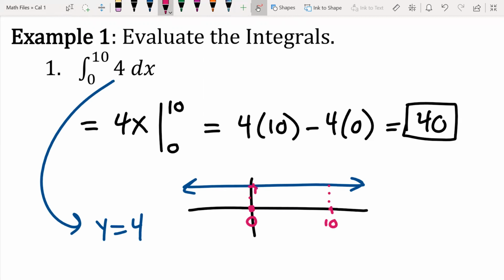So what we're doing is finding all this area underneath the function on that given interval. Well, it just so happens that this makes a rectangle. Not all of them will make rectangles. Well, we can get deeper into that, but here we see that the length is 10 and the width is 4, and the area of a rectangle is length times width, which is also going to be 40. So what we found was that all of this area is 40 units.